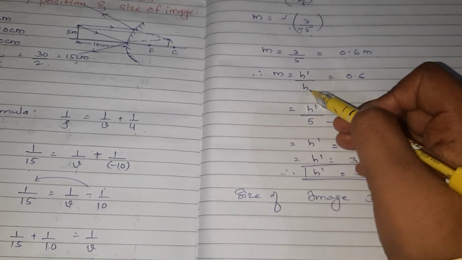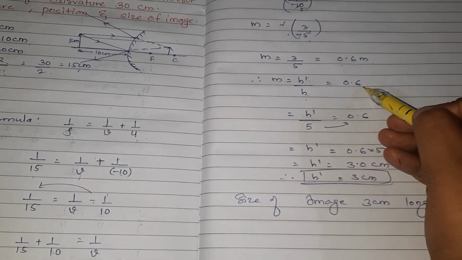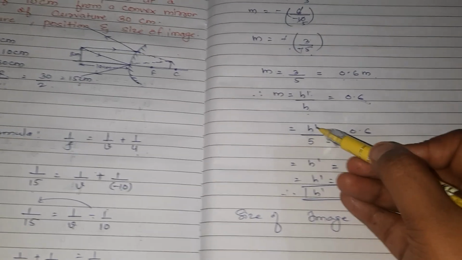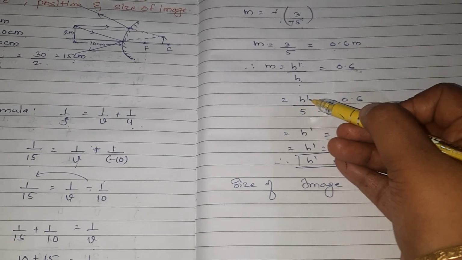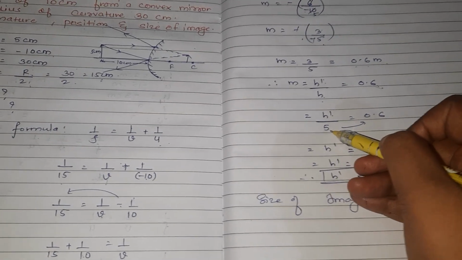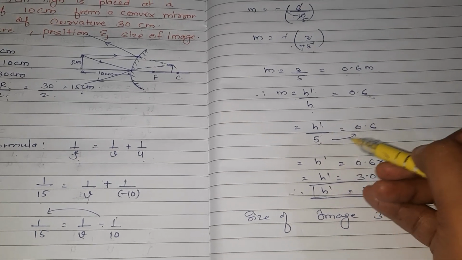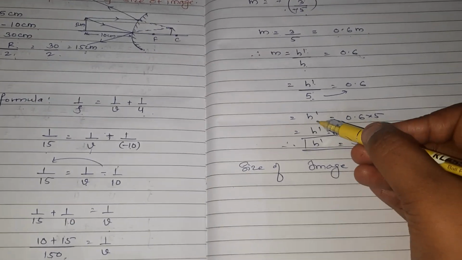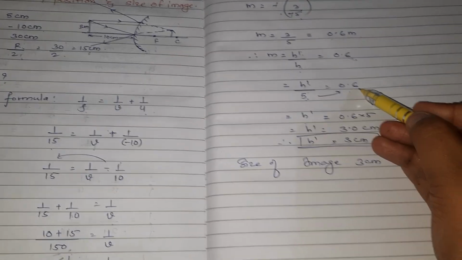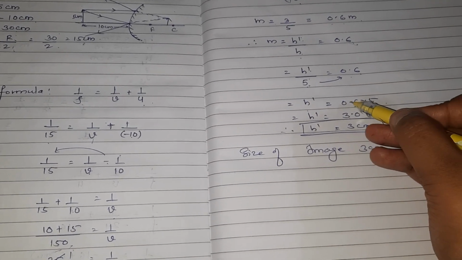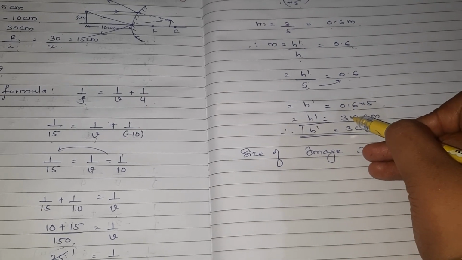This is equal to 0.6. We keep this value over here. Now we need to find only h dash, and 5 is the height of the object, so keep it over here. Cross multiply it. What do you get? 0.6 into 5 is equal to 6 fives are 30, with one decimal point, so I have put one decimal point over here.